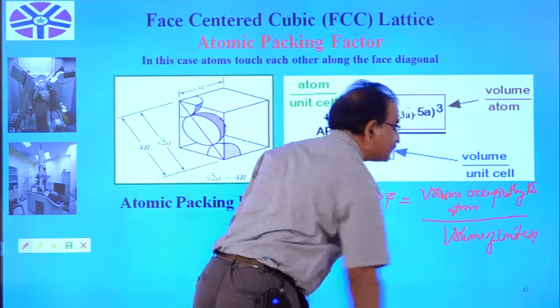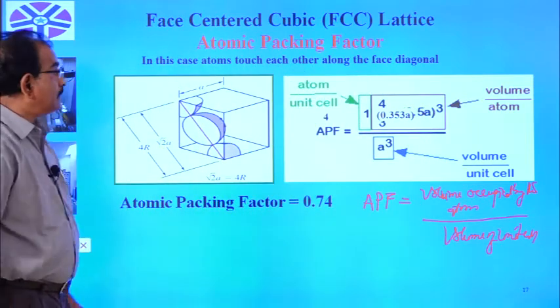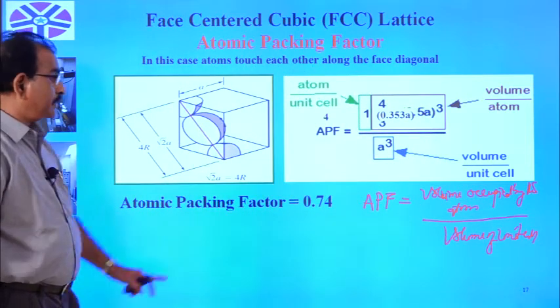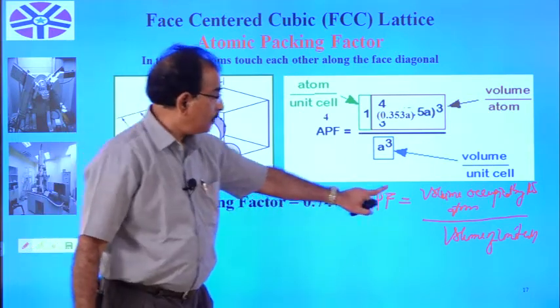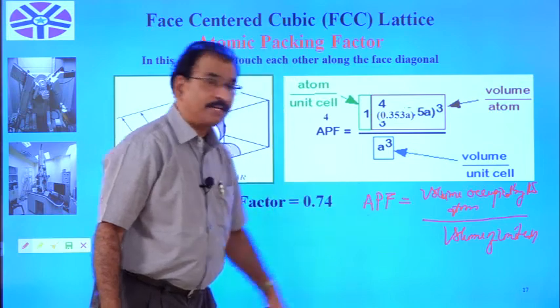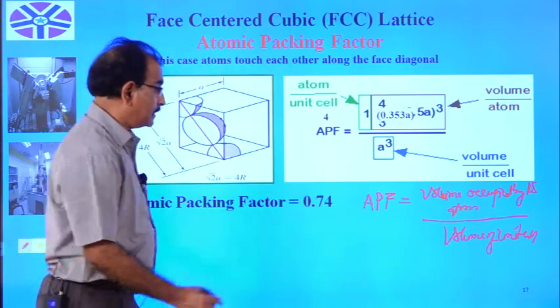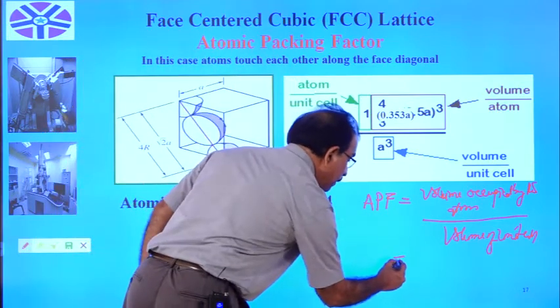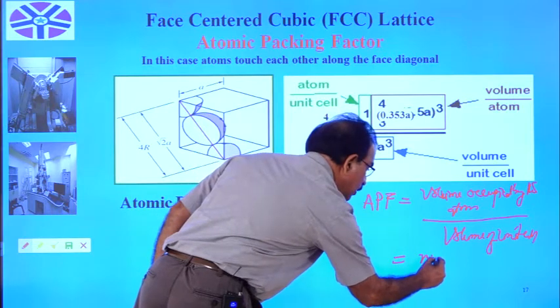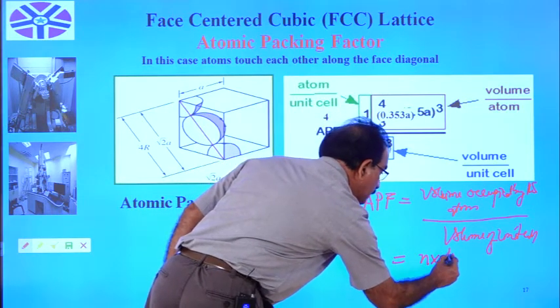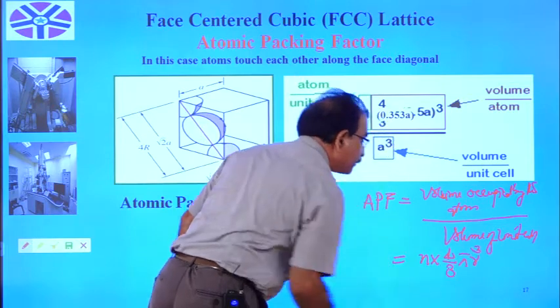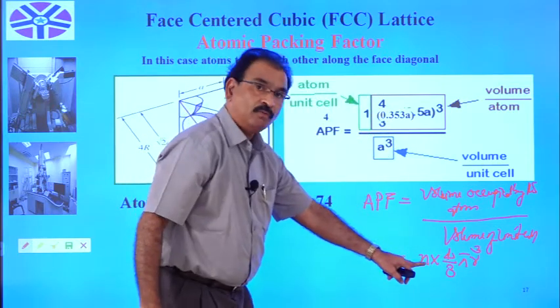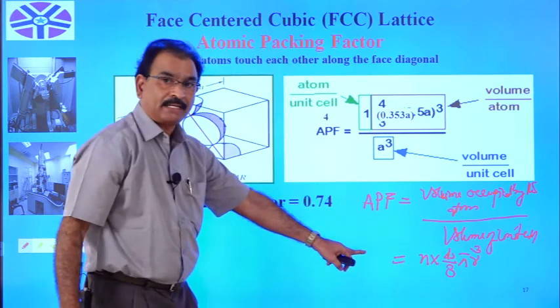That is the formula. So, what is the meaning of volume occupied by the atoms? That is nothing but n into 4/3 pi r cube, that is the volume occupied by the atoms.